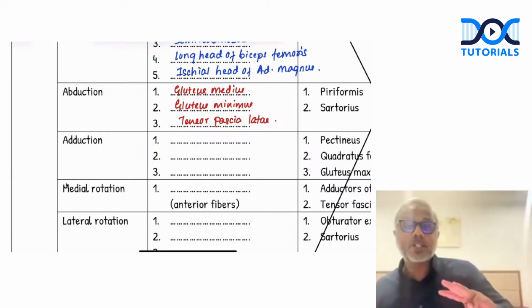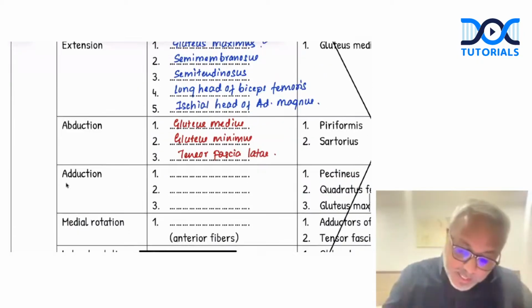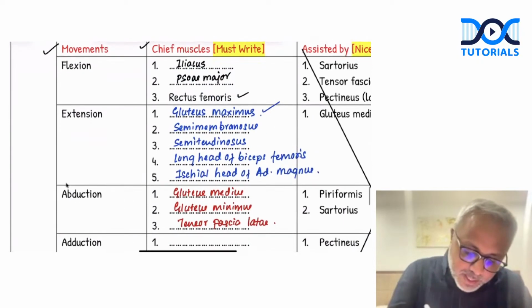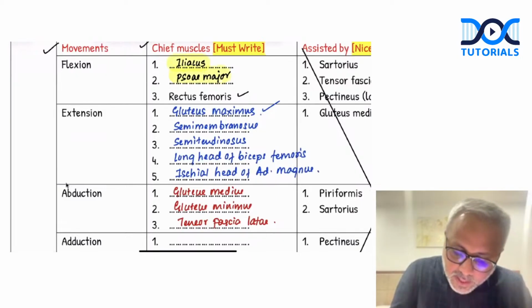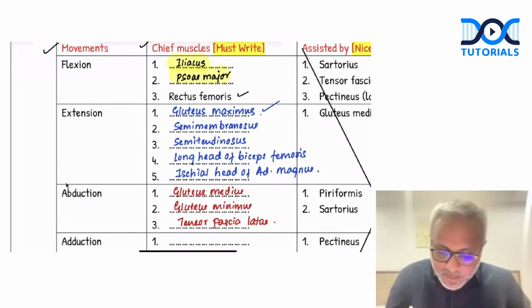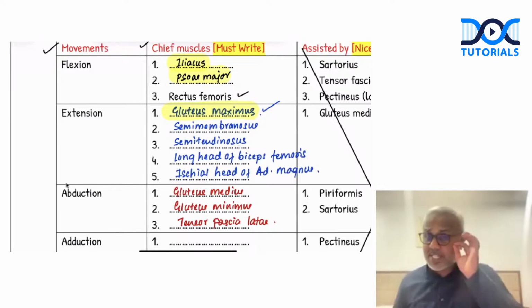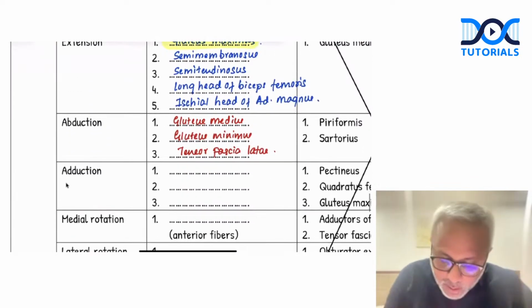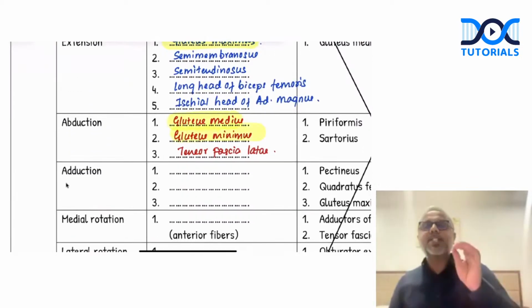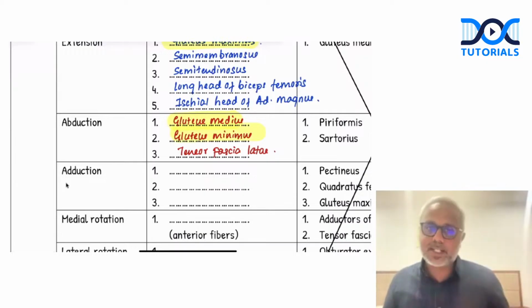These are the three muscles that bring about abduction. As I said, every examiner will look for iliacus and psoas as flexors, gluteus maximus as the chief extensor, gluteus medius and minimus as the chief abductors.